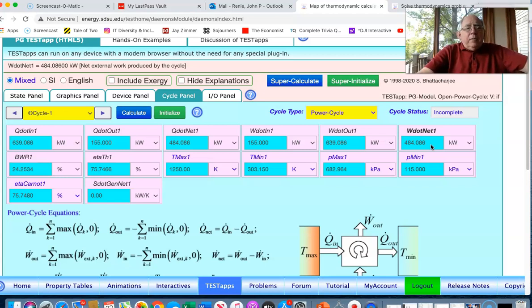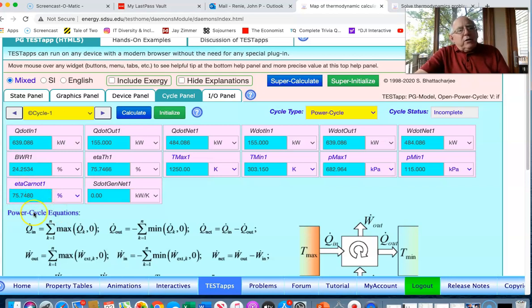Okay. Now, a final note is that this Ericsson cycle, because of the constant temperature heat additions and the regeneration that we see within the cycle, actually approaches or has the same thermal efficiency as the Carnot cycle.